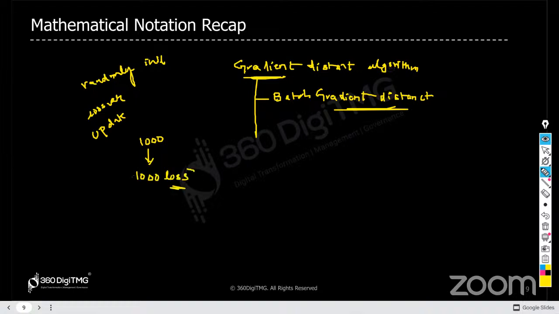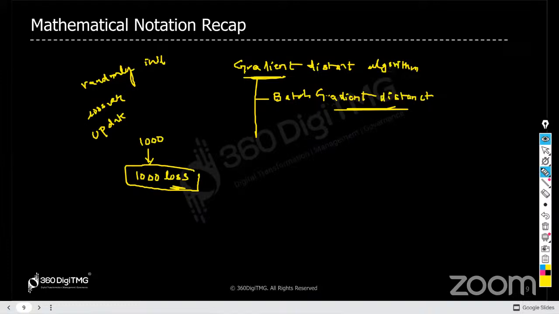When you combine all these together, you get an aggregated value, and when you back propagate in order to update the weights, you update the weights in such a way that the loss function or cost function is minimized. The minimization happens using gradient descent algorithm.